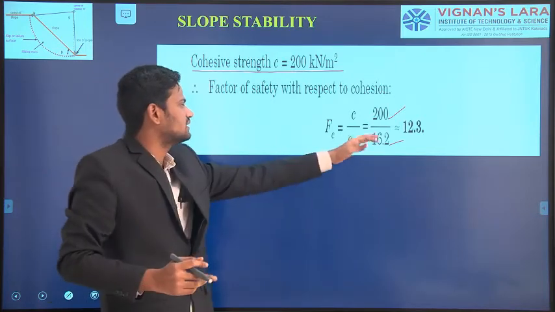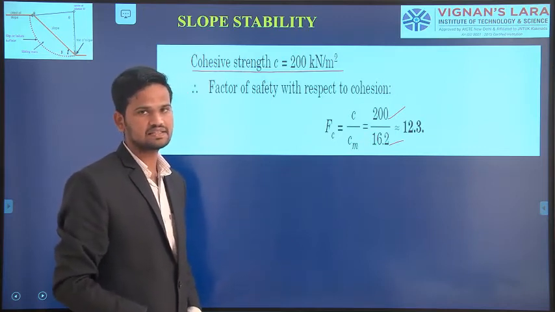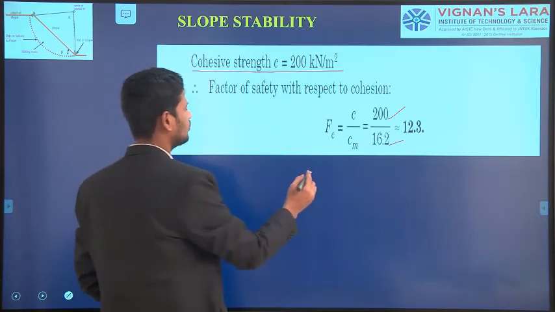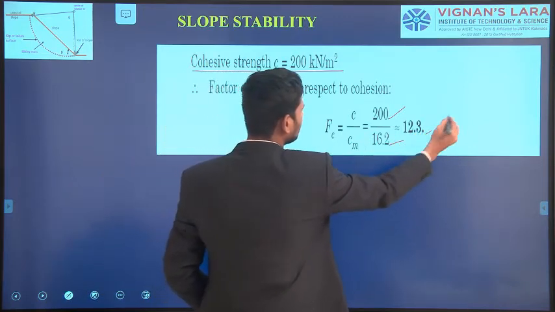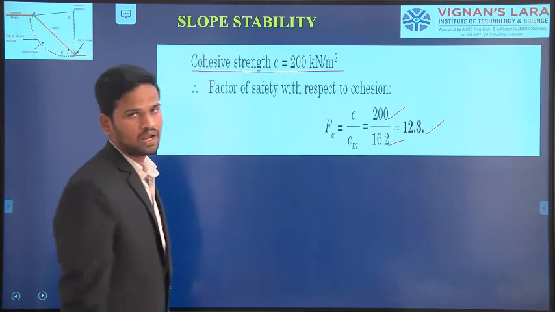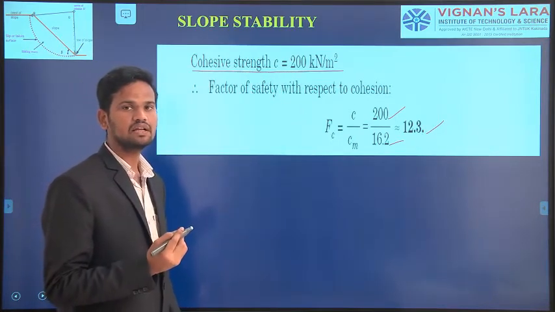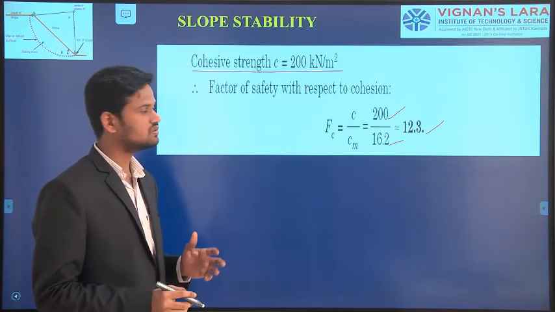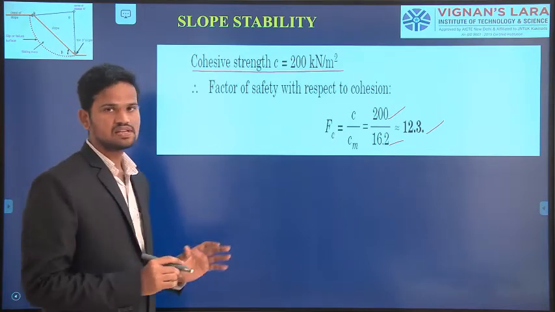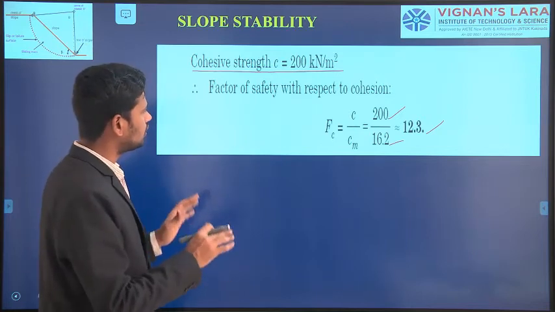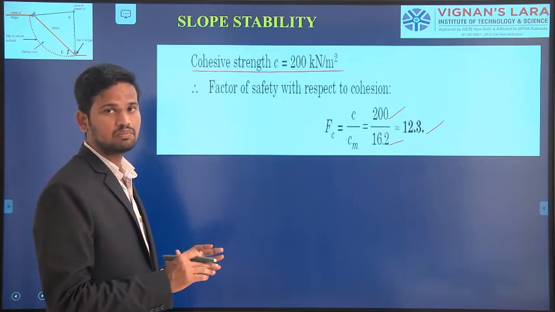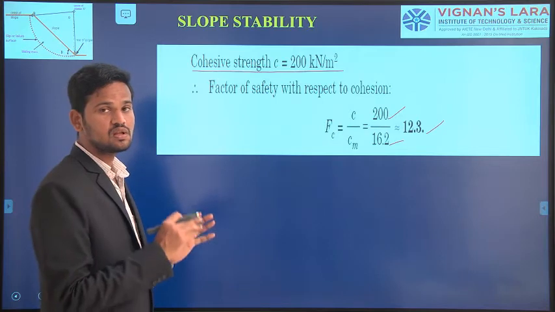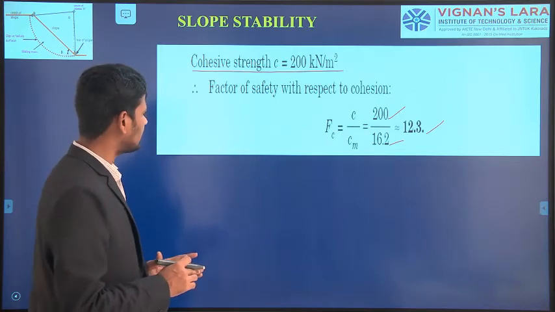That reduced mobilized cohesion we take as 16.2, and the factor of safety we get is 12.3. That is greater than 1, hence this slope is stable for this type of soil condition. Up to now this is the problem for stability analysis of slopes by using Taylor stability number.